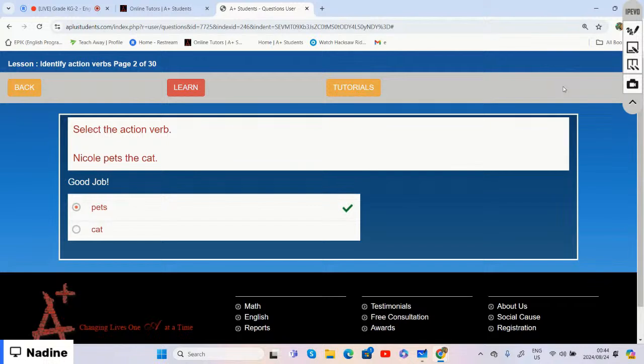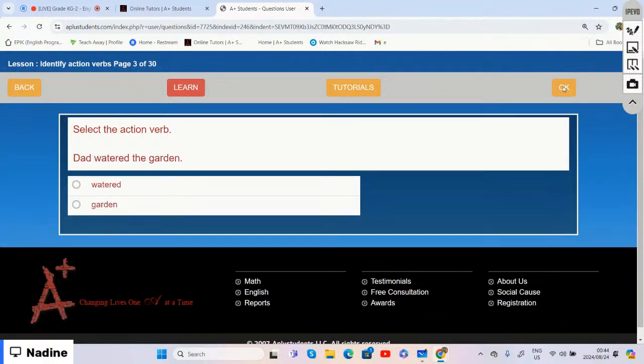So pets is something that Nicole does. And if we choose the correct answer, we can say watered the garden. Dad watered the garden.